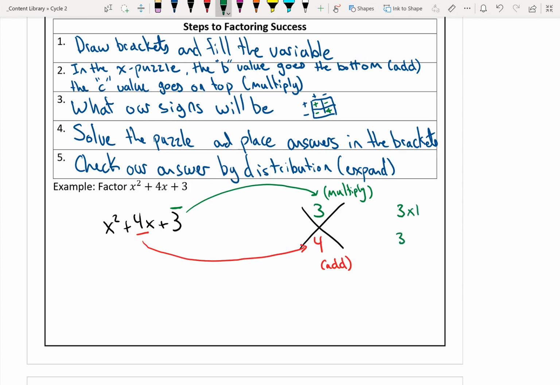And if I do 3 plus 1, that equals 4. 3 times 1 equals 3. So that means that my two numbers are going to be 3 and 1. You may have also seen this as something called the product and sum. So product is multiply, sum is addition. So again, that is another way you could do it.